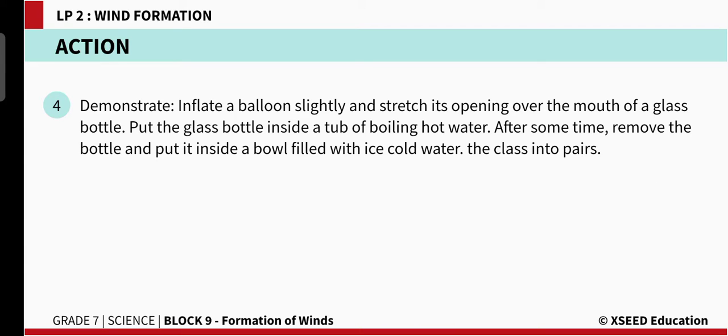So for this, you have to inflate a balloon slightly and stretch its opening over the mouth of a glass bottle. Put the glass bottle inside the tub of boiling water. After some time, remove the bottle and put it inside a bowl filled with ice cold water.